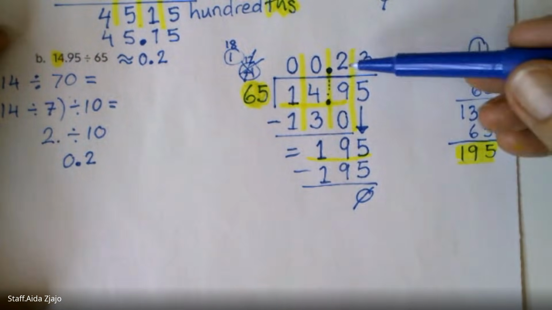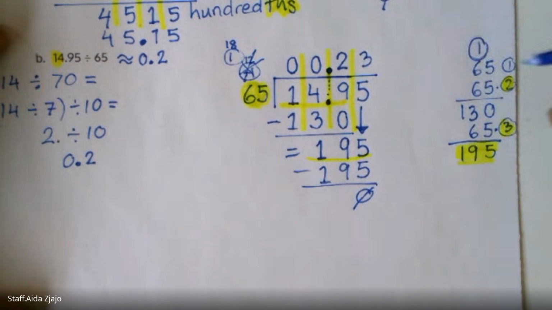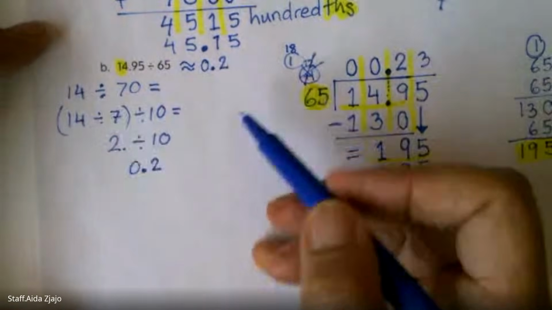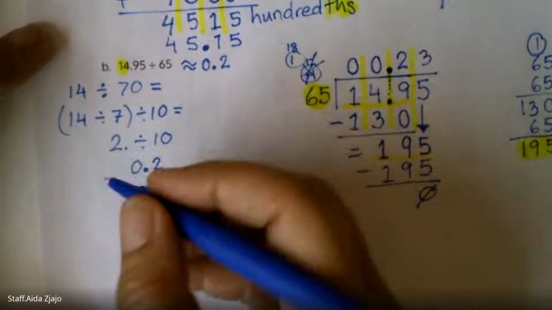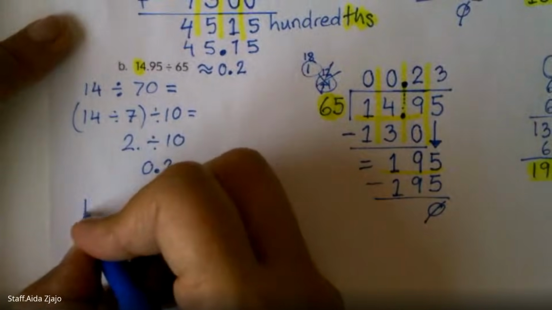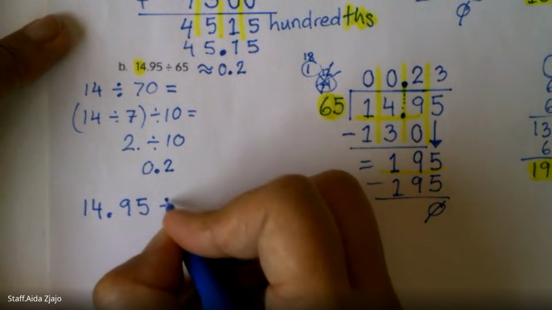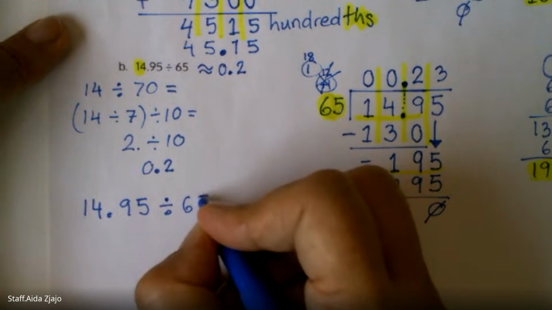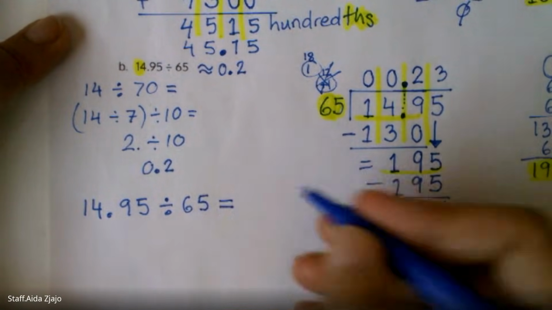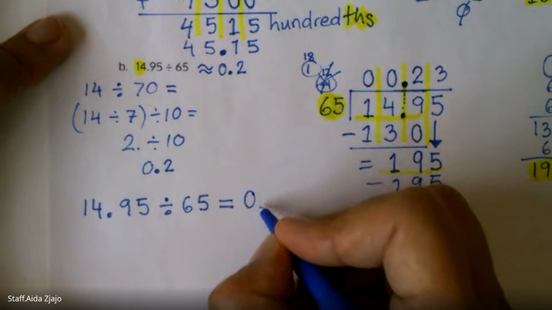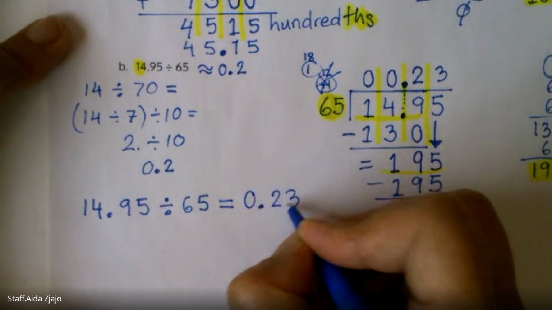So the real answer is 0 and 23 hundredths. On this problem, I'm going to rewrite problem 14.95 divided by 65 is equal to 0 and 23 hundredths.